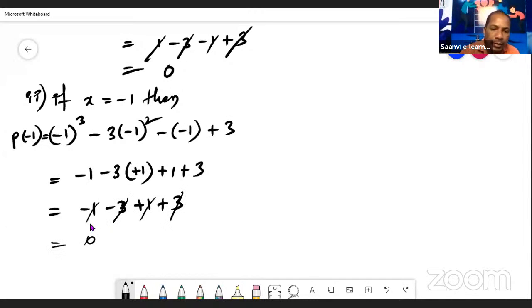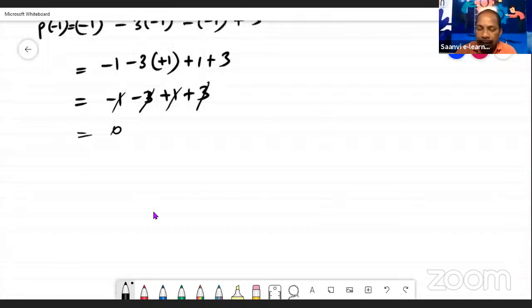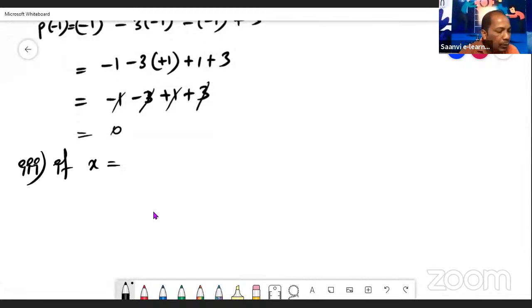Now take the third value. If x is equal to 3, then substitute x value 3.